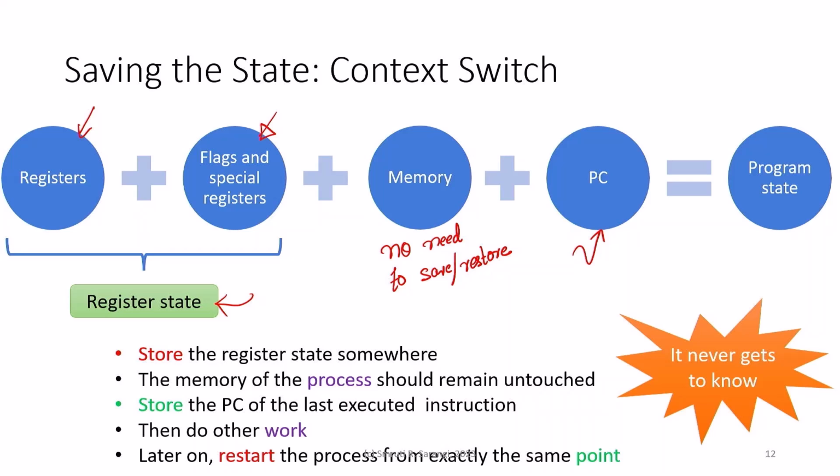The address is valid, everything is valid, but the data at the moment is not close to you. It has to be brought close to you, then only you can access it. In that case, there is a need to reissue the same instruction again. In this case, the PC is nothing but the PC of the faulting instruction.